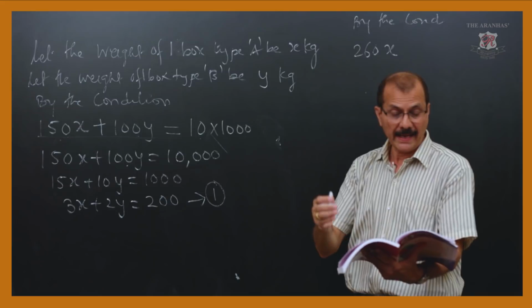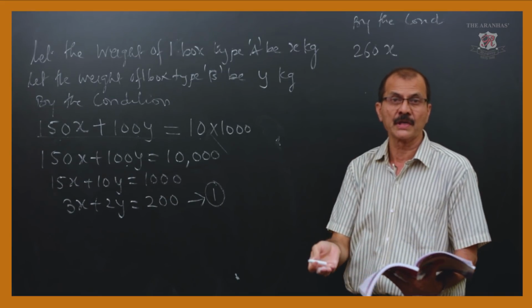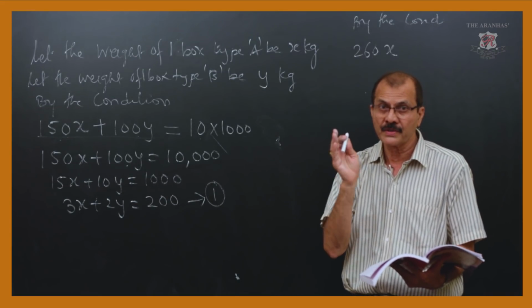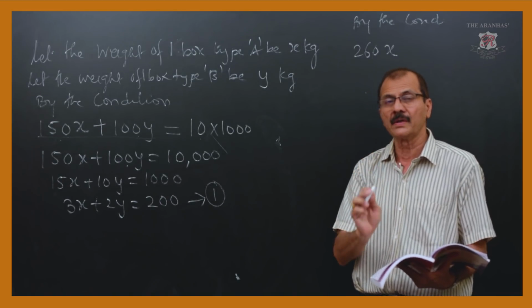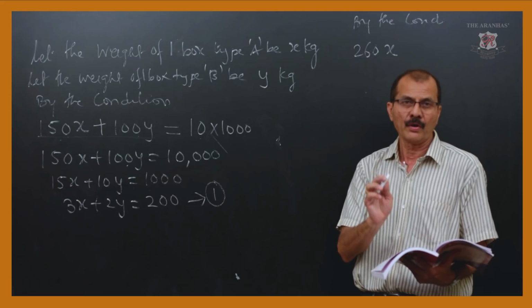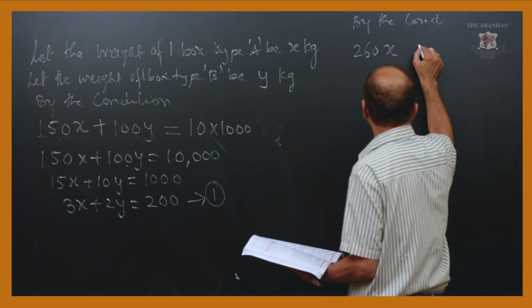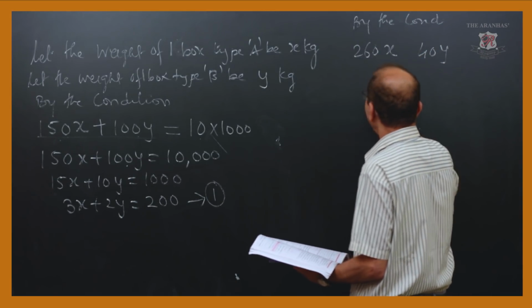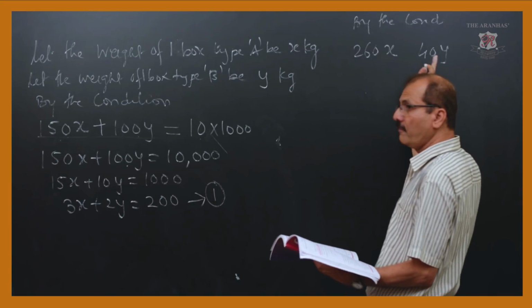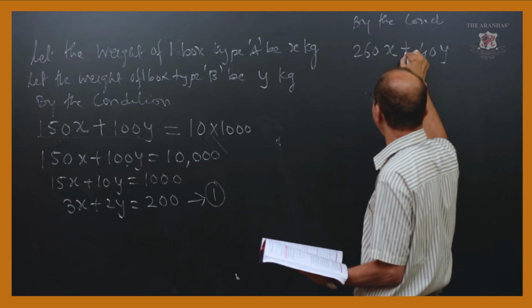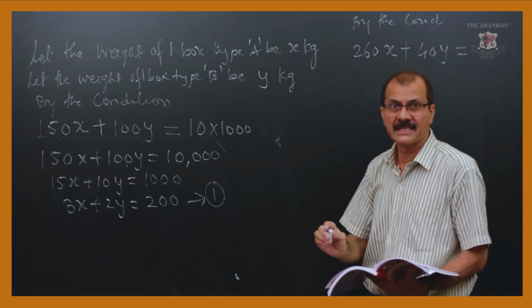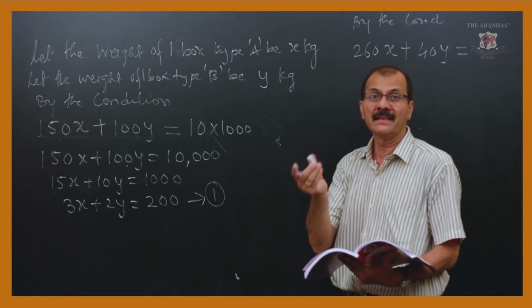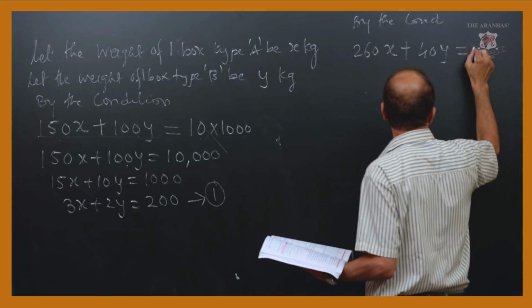It can still accommodate 40 boxes of type B. Means how many boxes we are taking of type B? 40. So, total weight of 40 boxes of type B will be 40y. The total weight of this 2 means plus, and that will be 10 tons, but 10 ton means 10,000 kg.